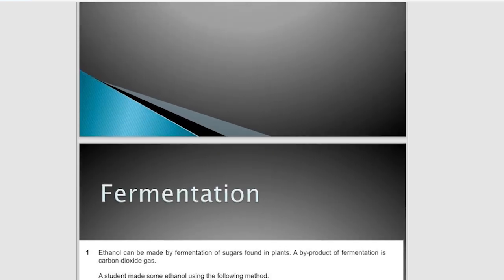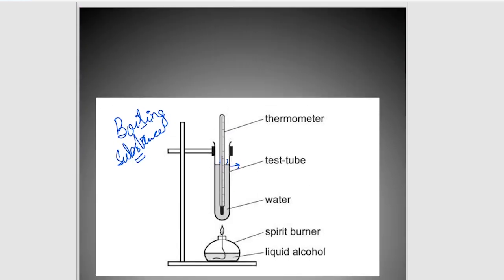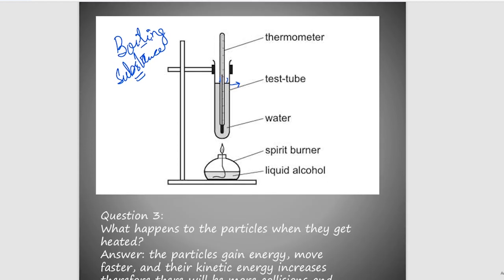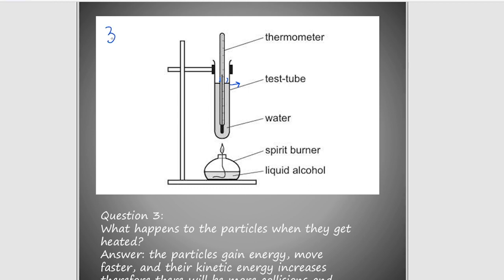Before I move ahead, I would like to explain one thing. In this question, three types of alcohols were there. What you have to do is differentiate between these three alcohols by using this apparatus. One by one we will take the three liquids and tally those alcohols with their respective boiling points.